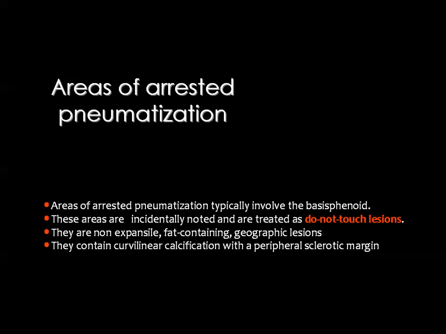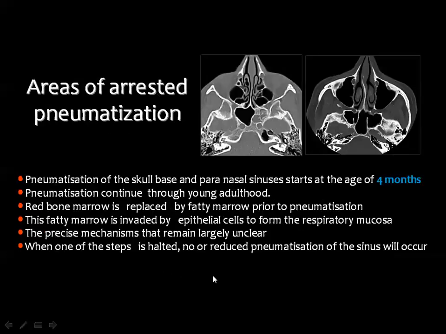And this issue, which is known as areas of arrested pneumatization, typically involves the area of the basisphenoid. It is well known by the name "don't touch lesion." This is not actually a lesion, it is just non-pneumatization of an area which is intimately related to the sphenoid sinus.